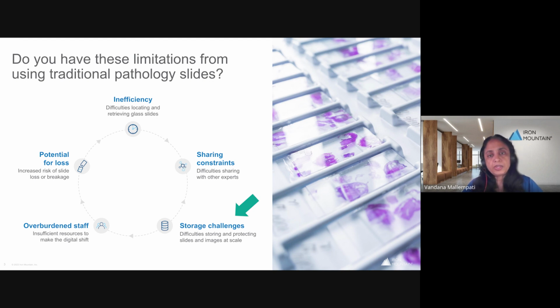The third aspect is storage challenges can be a considerable problem for customers as they try to adopt digital pathology because the image size is so significant for pathology images as compared to almost any other imaging that happens in a hospital.